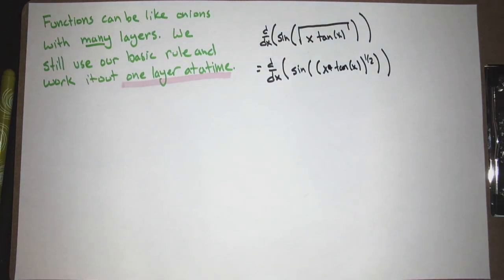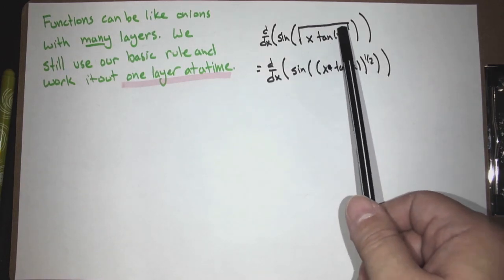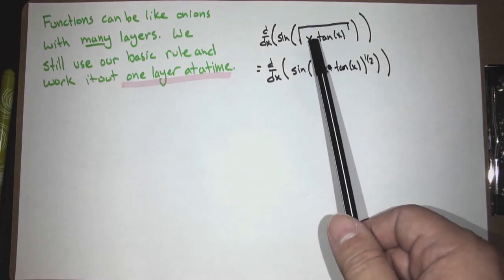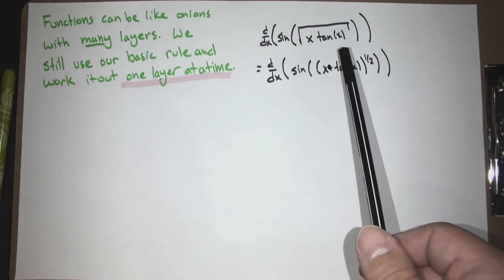This is x times tangent x, not x plus tangent x. So we're going to write the square root as a 1/2 power. How many layers do we get? The most inside layer is this x tangent x, which is going to be a product rule when we get there.